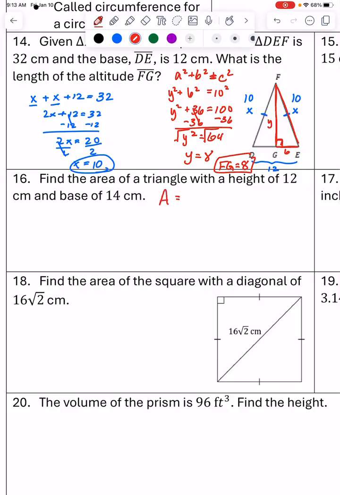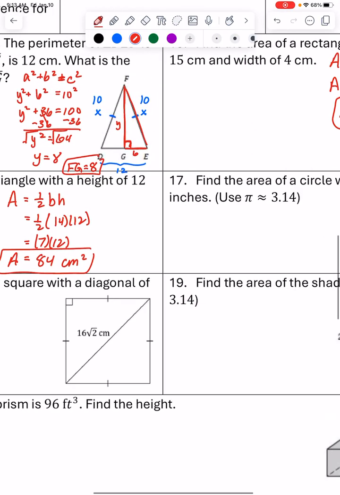So area of a triangle is 1/2 of base times the height. So 1/2 of 14 times 12. So 1/2 of 14 is 7. And then 7 times 12 is 84 square centimeters.